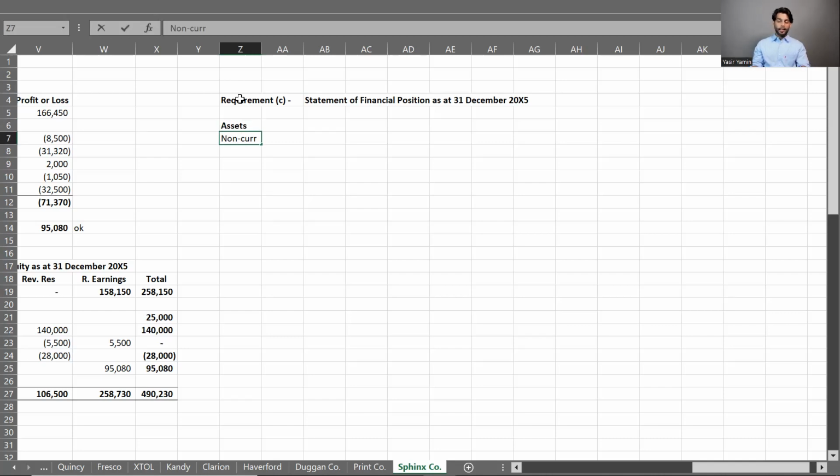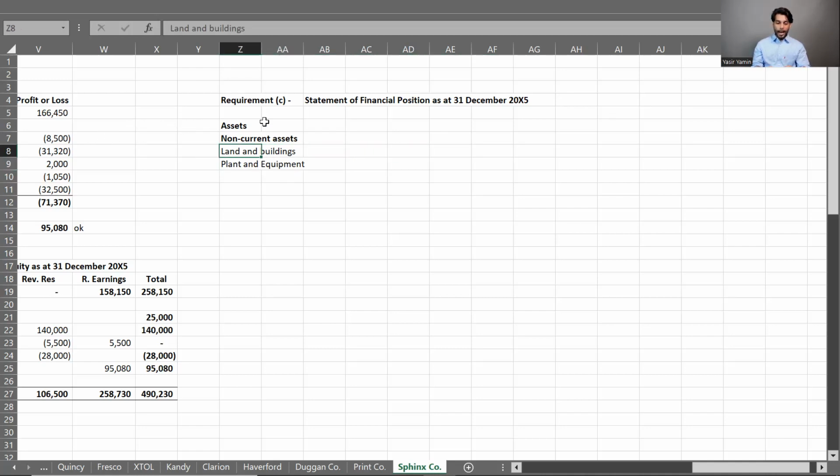If I remember correctly, you had two types of non-current assets. One was land and buildings, and the other was plant and equipment. Now, what should be the value of your land and buildings?